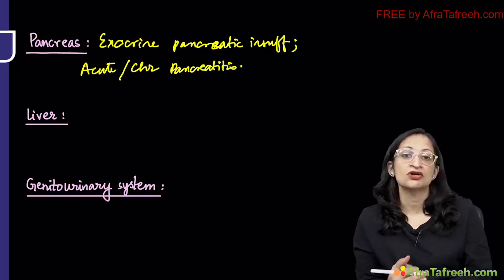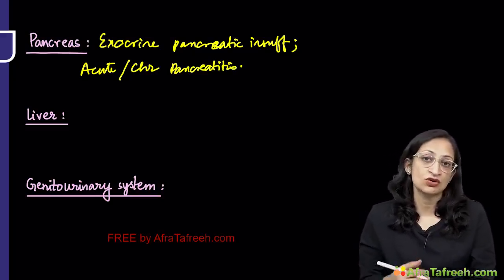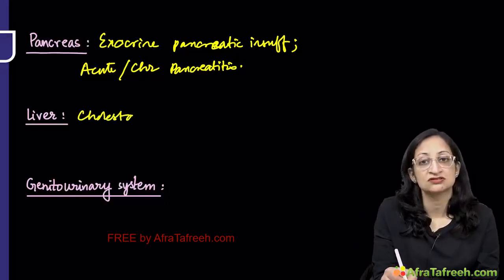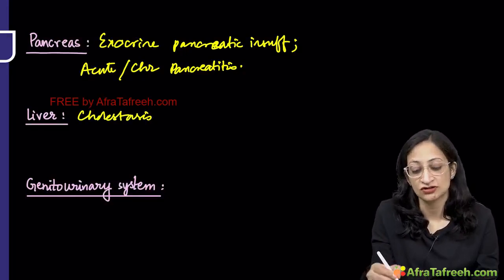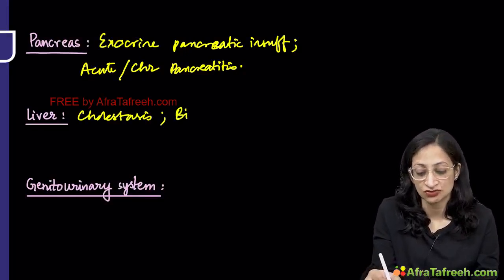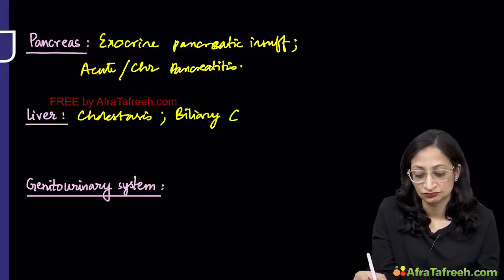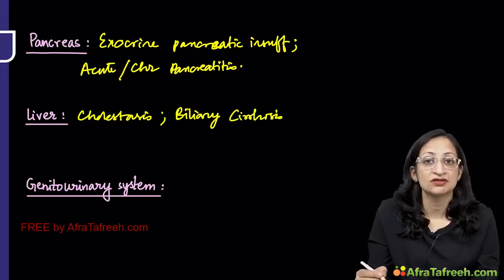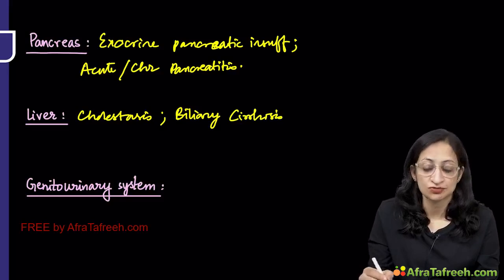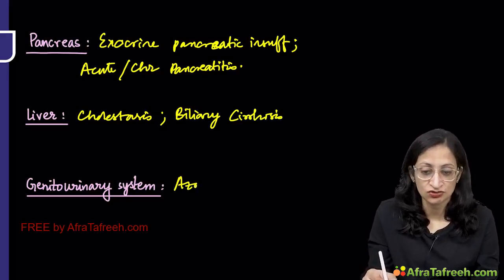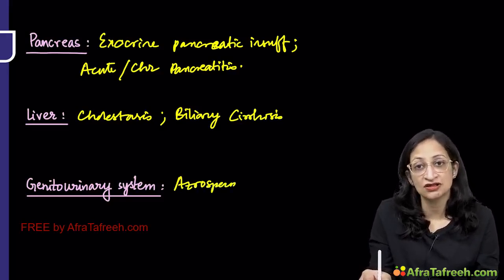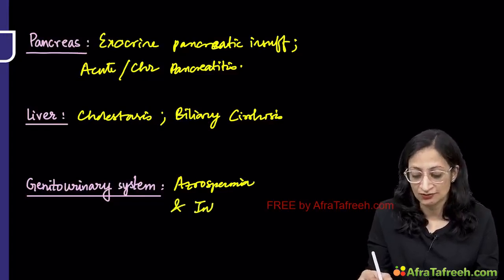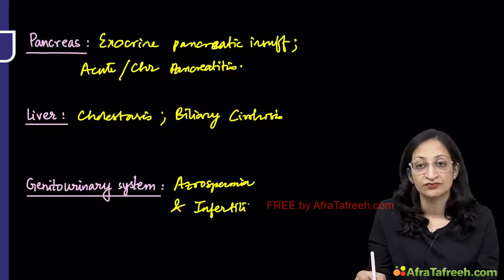Related to the liver, there can be cholestasis, neonatal or infantile jaundice, and biliary cirrhosis. In the genitourinary system, there can be oligospermia or azoospermia, and infertility, mainly in males.